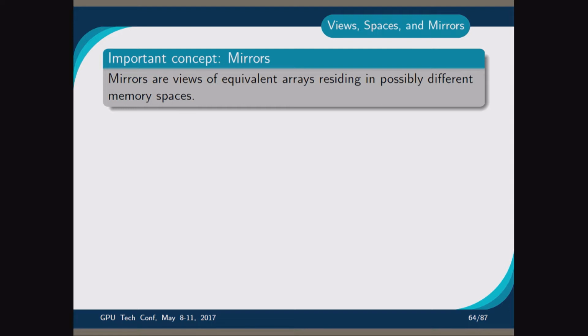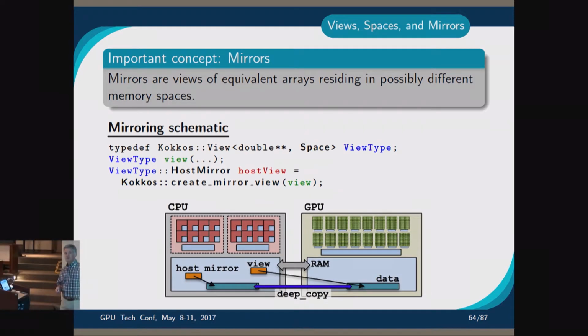So mirrors. This is Kokkos' way of doing what UVM intended to help you with, but making it much more explicit so you have a lot better control over what's going on and a lot better understanding of when things happen. What we want is equivalent arrays residing in different memory spaces, a mirror of an array. So we have a view in some space, and you can do a typedef or using if you've gotten more modern.